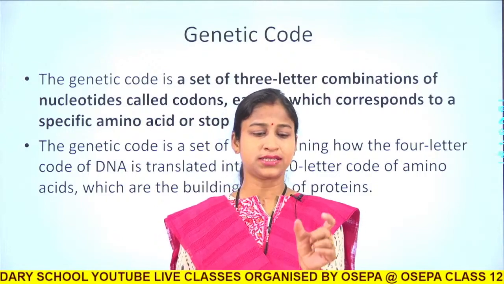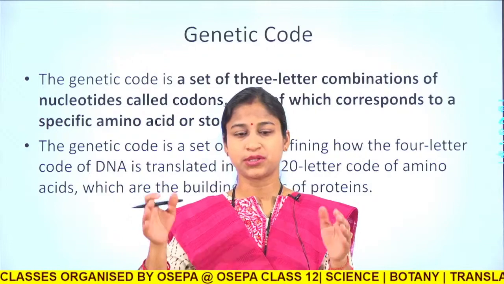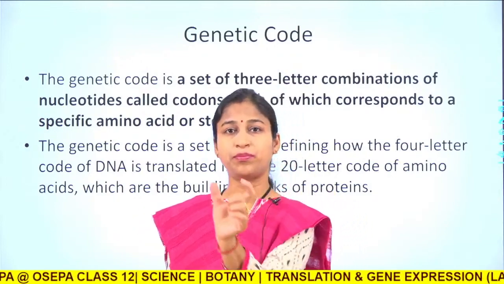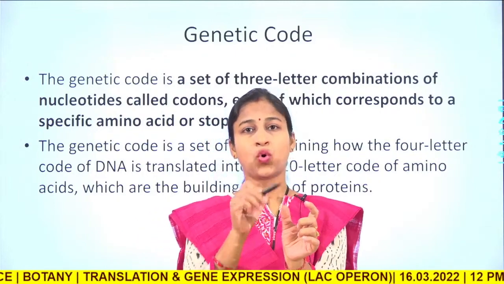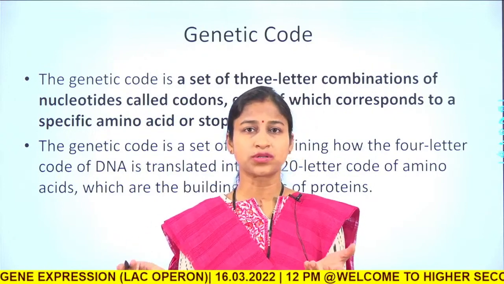All the nucleotide sequences present in the mRNA strand will be read in the form of triplet codons, and each triplet codon codes for a single amino acid, and some of the triplet codons code for stop.